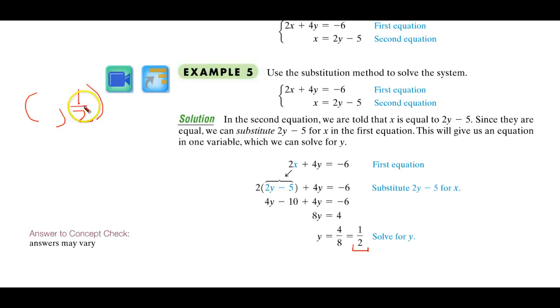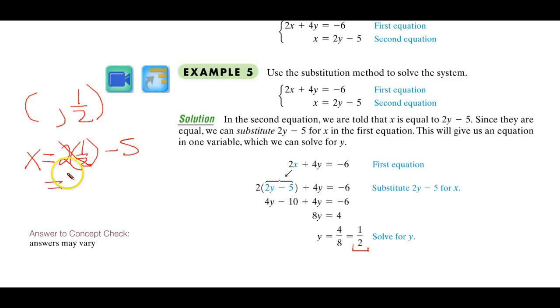So now what do we do? Well, we say y is 1/2, so we use the other equation. We want to now solve for x. So 2 times 1/2, which is our y value, which we're getting right there and putting what it is, minus 5. So when we do this multiplication, the 2's cancel out, and we just get a 1.